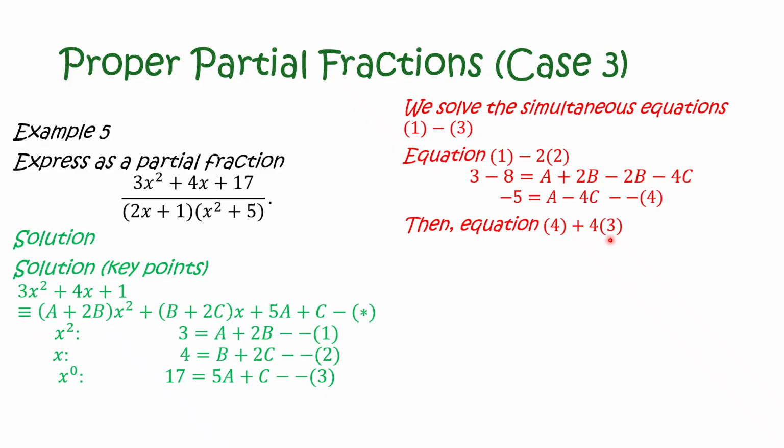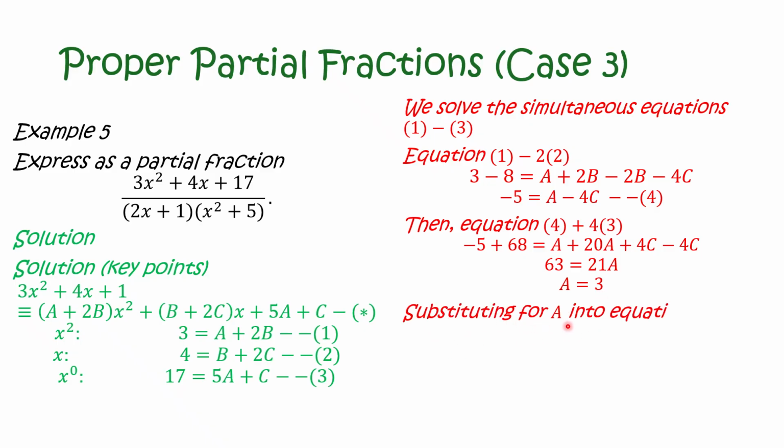With this, we are saying equation 4 plus 4 times equation 3. In this case, we are going to eliminate C, so that we have minus 5 plus 68 is equal to A + 20A + 4C minus 4C. So we have 63 is equal to 21A, implying that A is equal to 3.